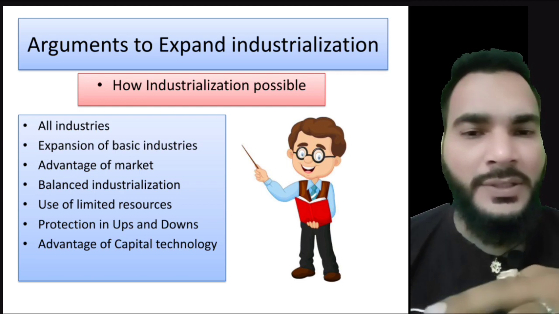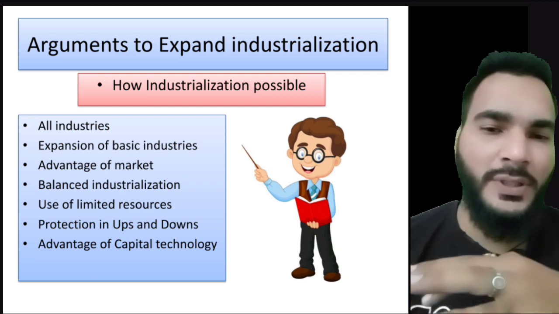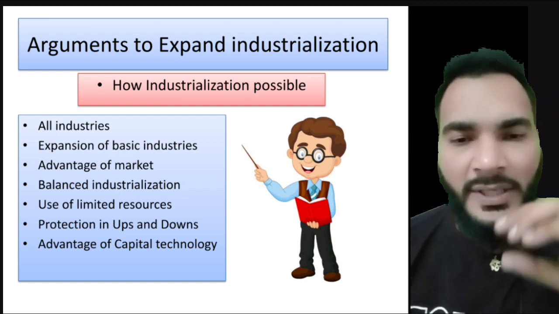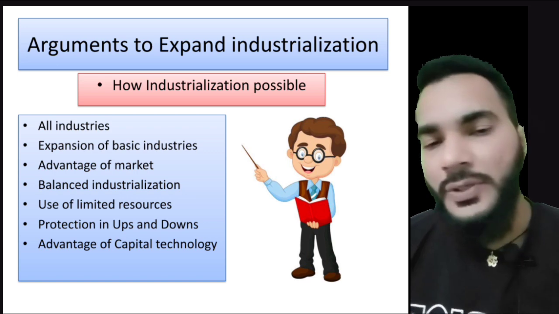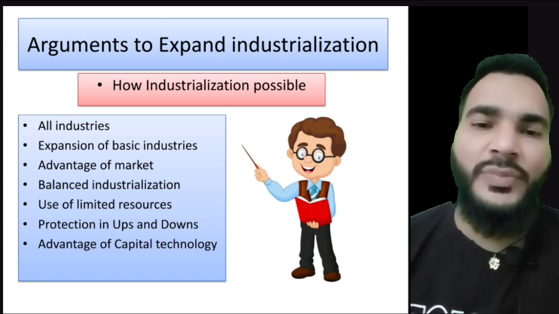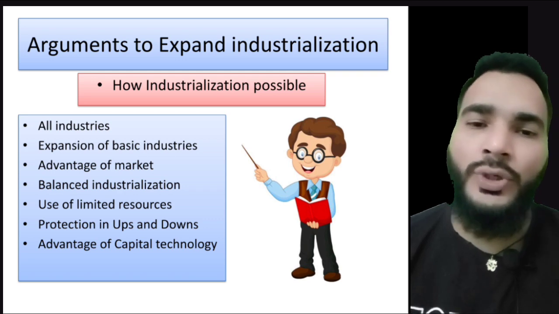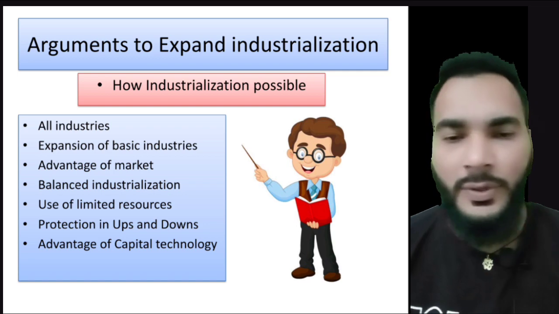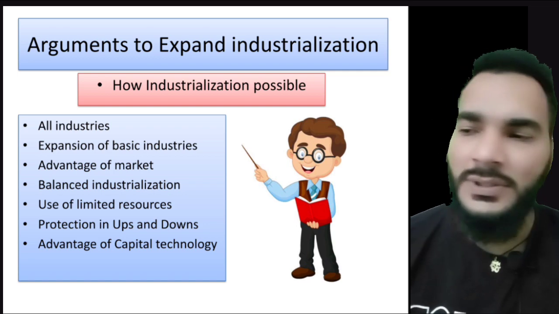If you are doing any industry which is totally based on forest raw material, those forest raw materials are available in limited quantity. Now if you are using all the resources, what would happen here, after some period of time these resources will not be available, you need to face a crisis at that time. So protection trade policy would help in this.